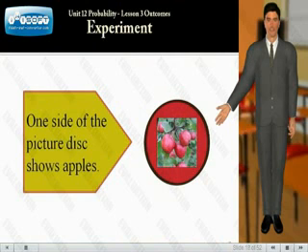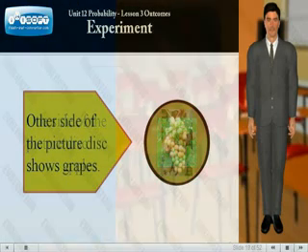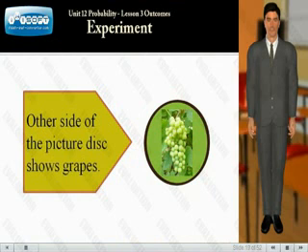On my picture disc, one side will show apples. The other side of the disc will show grapes.